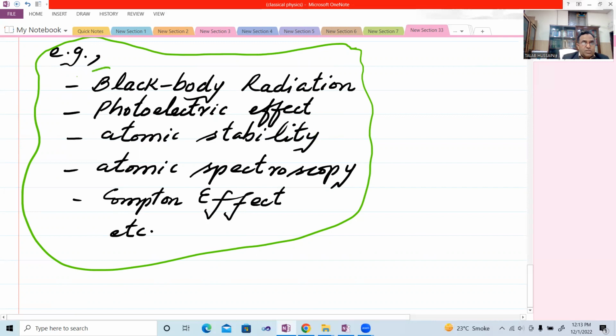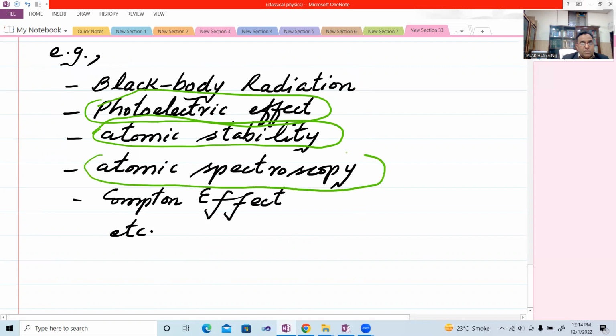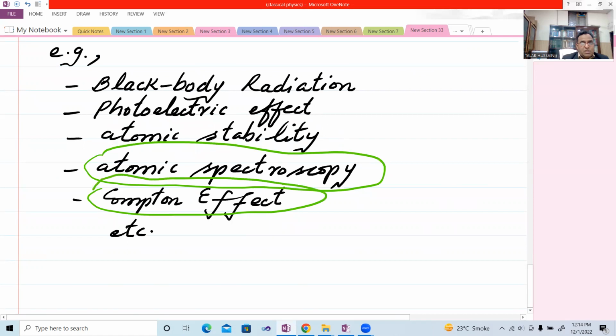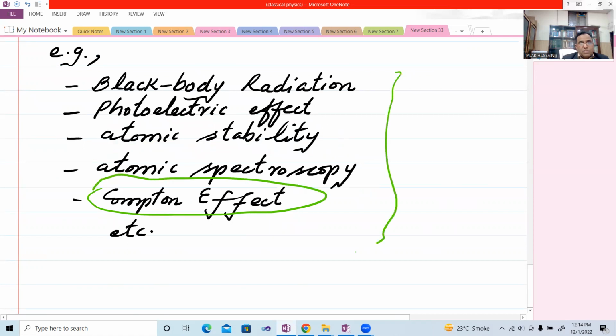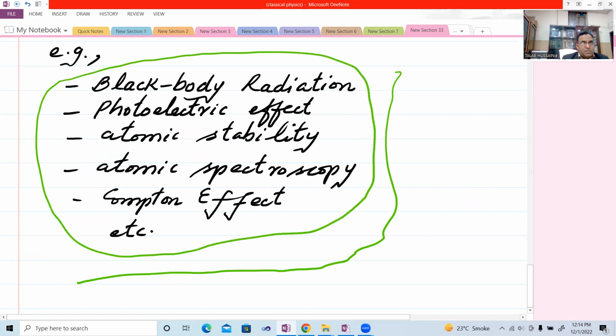For the microscopic systems, the processes which take place include, for example, black body radiation, photoelectric effect, atomic stability, atomic spectroscopy, Compton effect, and so on. The details of these processes can be found in the coming lectures. So these are the famous microscopic processes where classical physics fails at a microscopic level.